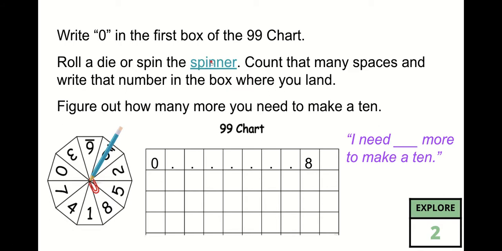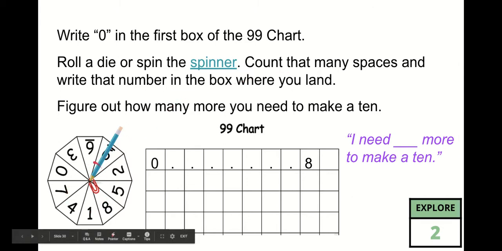So the virtual spinner, I'll include a link. But it looks like this, and you click spin. Okay. So after you spin it, you're going to count that many spaces and write that number in the box where you land. So in this example, we spun the spinner and it landed on 8.